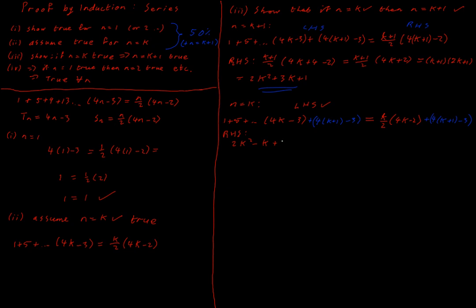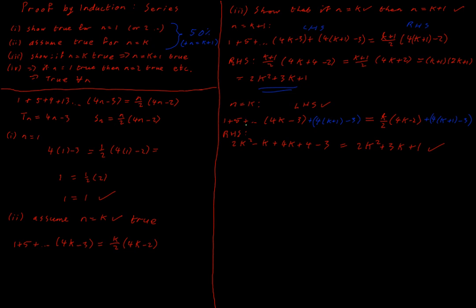Plus 4k plus 4 minus 3. And if I tidy that up, I get 2k squared plus 3k plus 1. Now that is the same as my aim. So I now have my right-hand side and left-hand side the same.